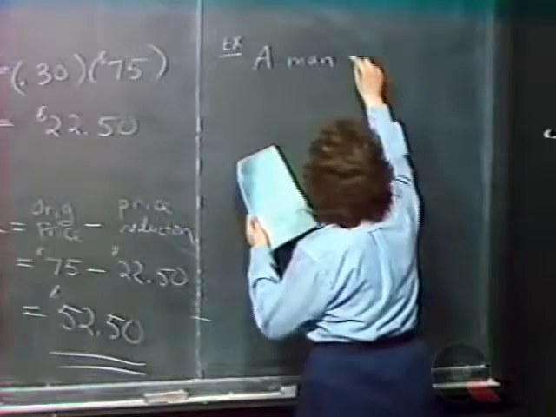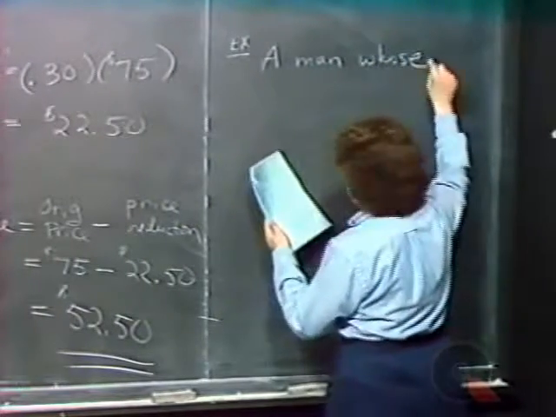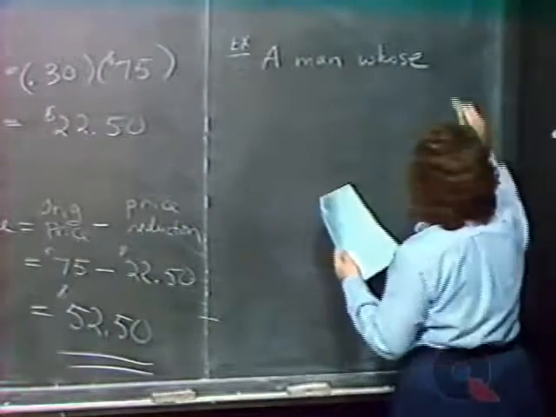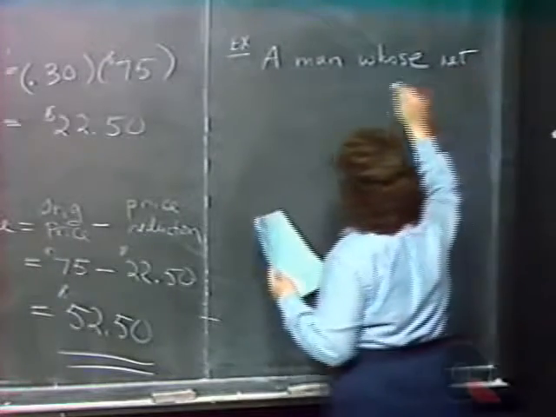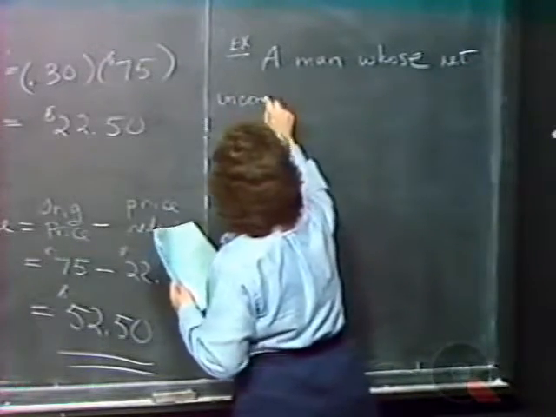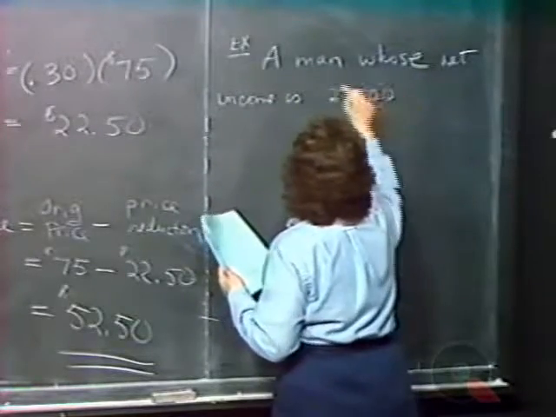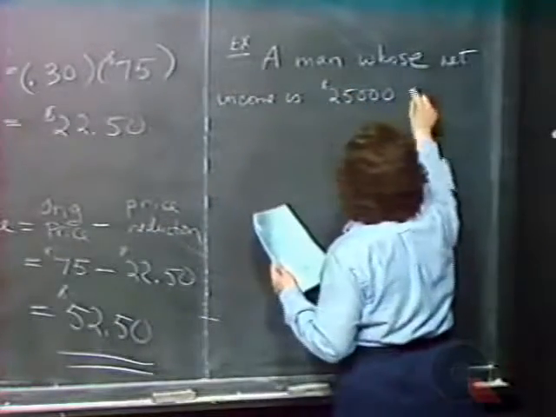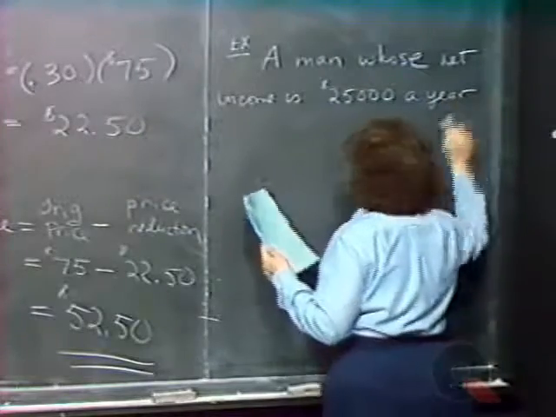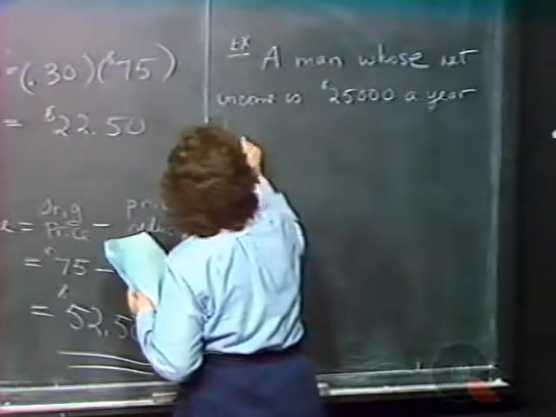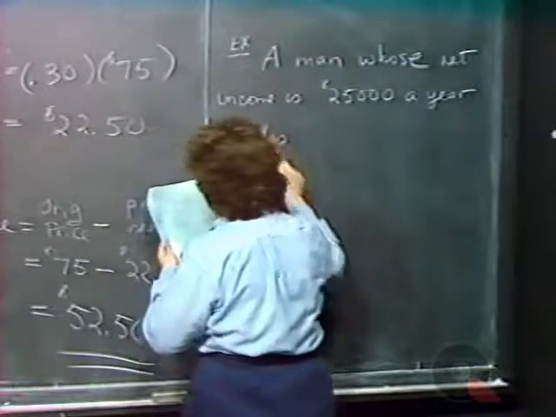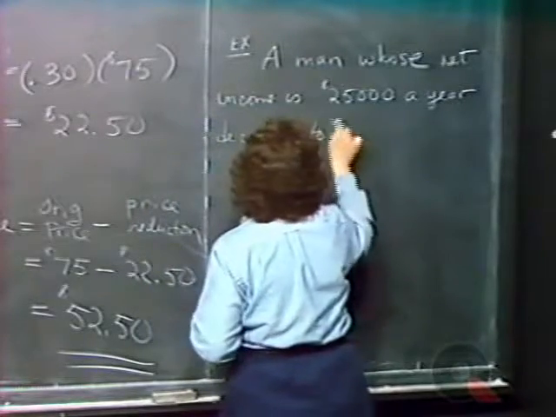A man whose net income is $25,000 a year decides to begin a pension plan.